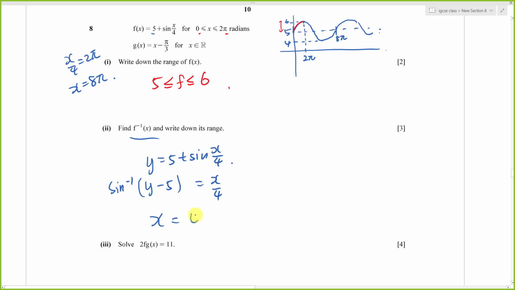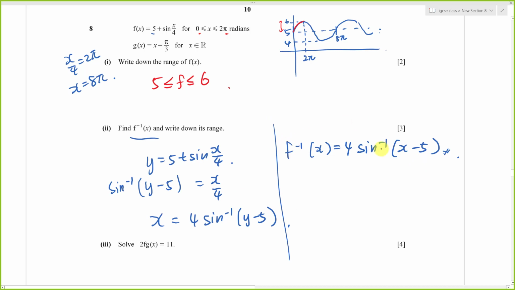Then x will be 4 sine inverse of y minus 5. So therefore f inverse of x will be 4 sine inverse of x minus 5. Even if I do this myself in the exam, I will doubt my answer also. But this is how it looks.